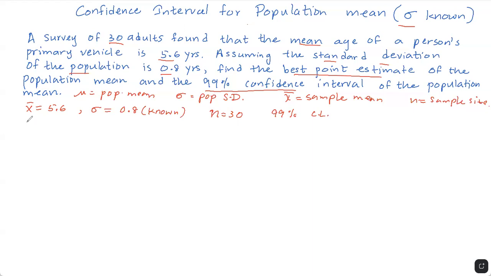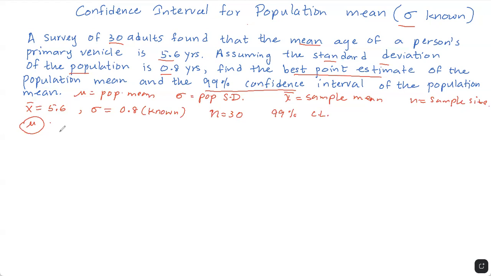Okay, so let's look at the best point estimate. In this kind of problem, we have a sample from a population, right? So this value, mu, the population mean, is unknown. We don't have any information about this, but we have a sample and we can calculate the sample mean.